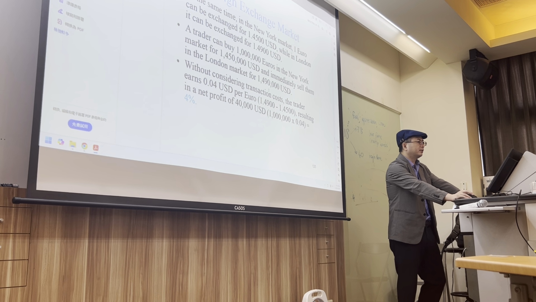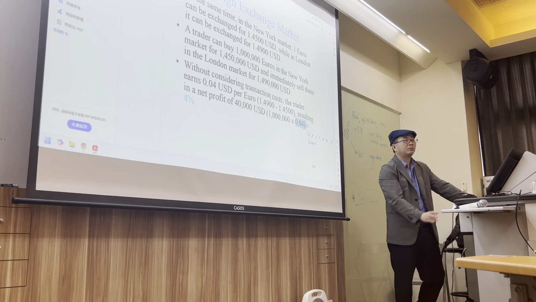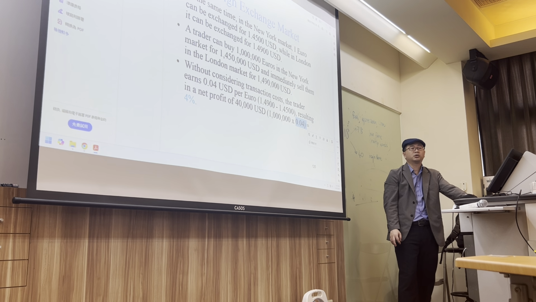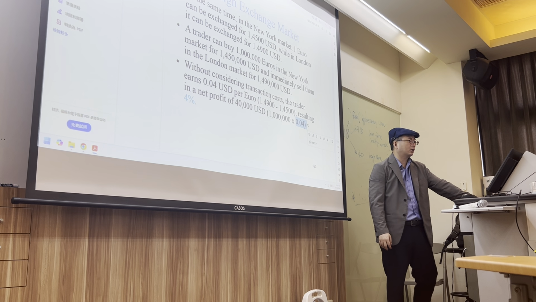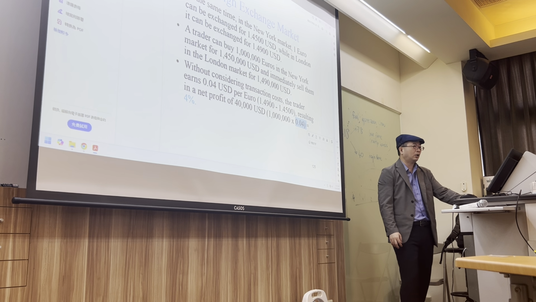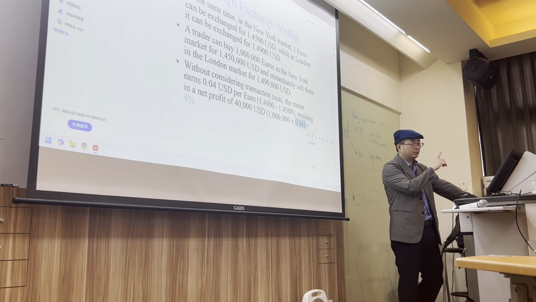So without considering the transaction cost, the trader will earn about 4 pennies USD per euro, right? So this will actually result in a profit of about 40,000 USD, right? Which will be the 4 pennies times the 1 million, which is your principal, right? So this will easily give you a return of about 4% in one transaction, okay?